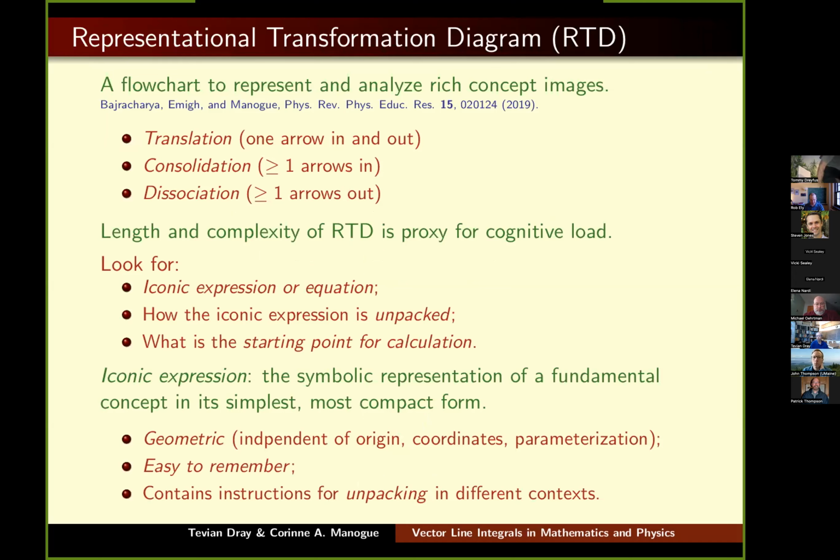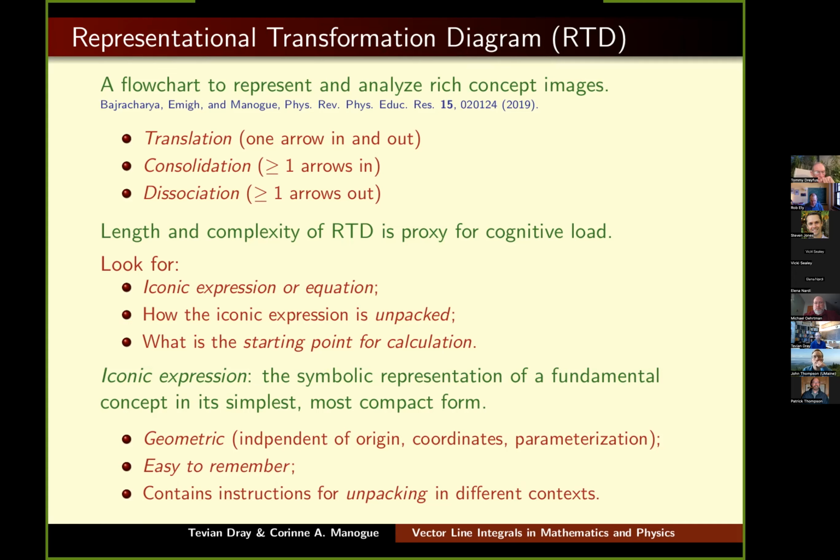Our basic tool is something called a representational transformation diagram, which was introduced by Rabindra Bhattacharya and discussed in Bhattacharya, Amy, and Manogue a couple of years ago. It is essentially a flow chart that represents a concept image, and it's particularly used when the concept image is rich. The idea is to connect the pieces of the concept image in a flow chart, diagramming the connections.